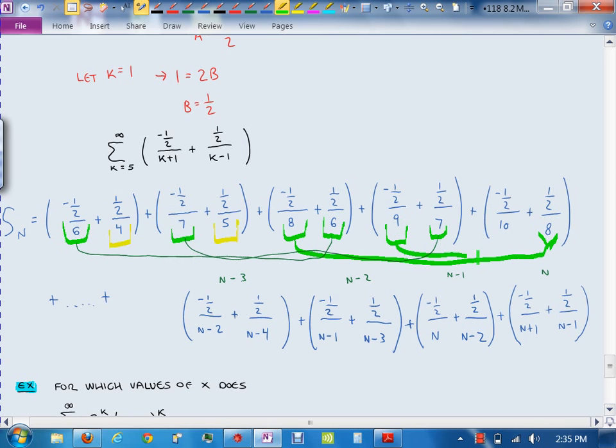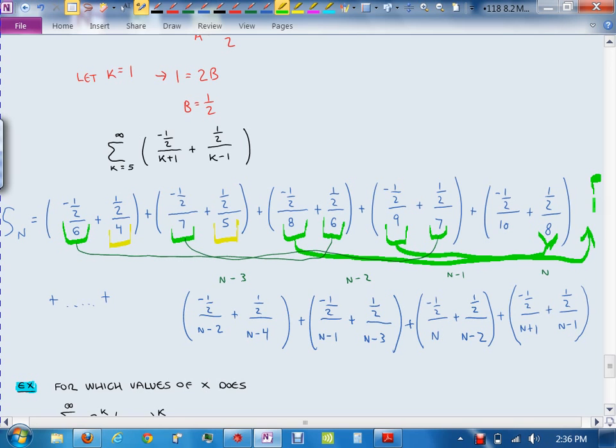This killed off with something over here. I don't know where it is, but it's over there somewhere, right? So it looks like, sitting inside the parentheses, the first guy is killing off the second guy, two terms away.